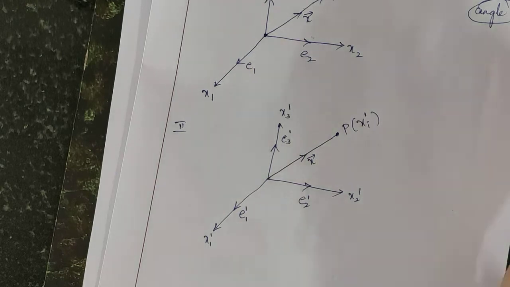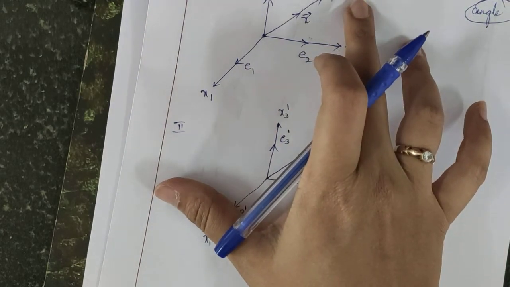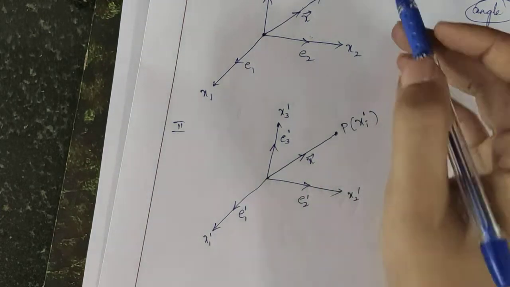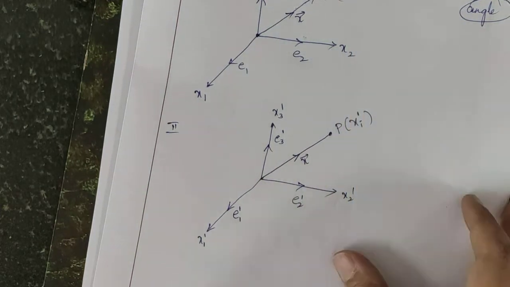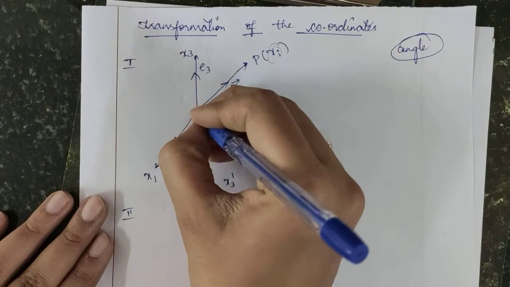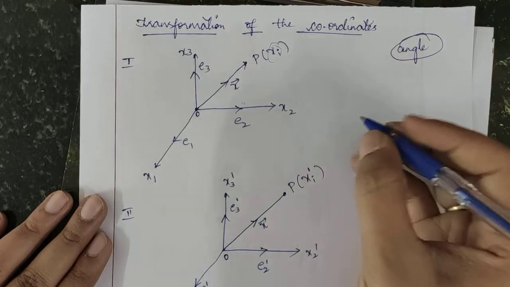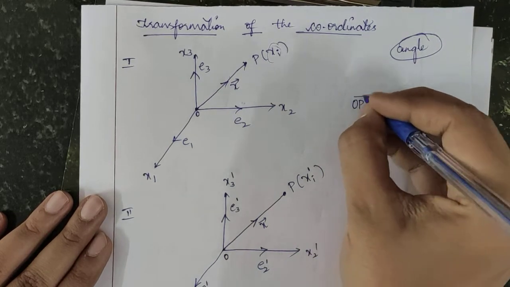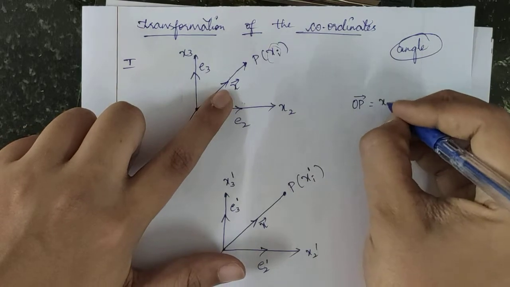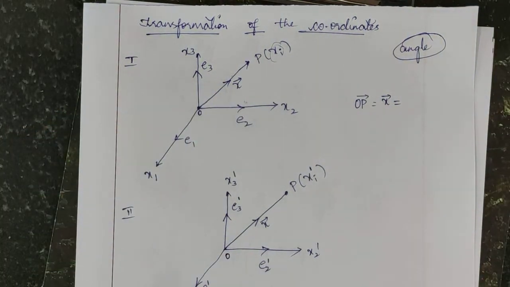Okay, so with reference to the xi axis, this is origin O. We can write OP is equal to vector x, and I can express this vector x as linear combination of your unit vectors, right?